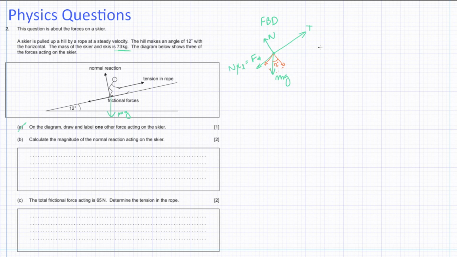You just have to look for your geometric properties there. So, quite simple. This force here will be mg cosine of 12. And this other one, despite your friction, you will have an extra force of mg sin of 12.